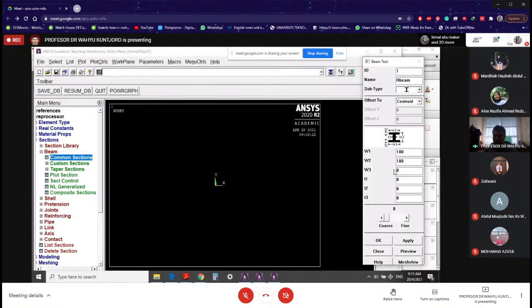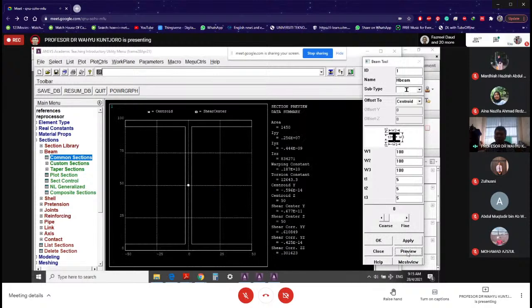Please observe how I fill in the thing. And then the thickness, 5. Okay, we do it. So H beam, that's the section. If I apply that, then it is going to be there. Okay? You can go to preview.